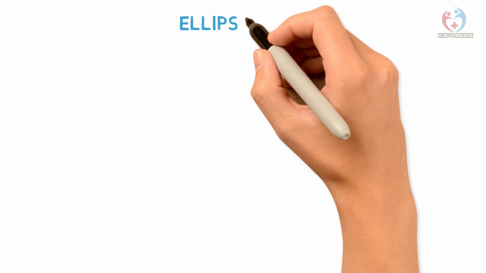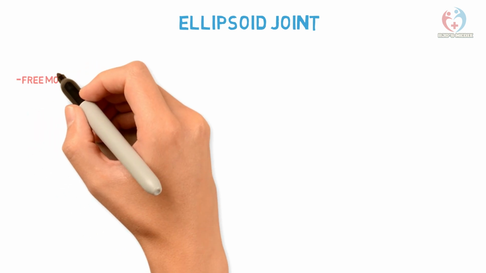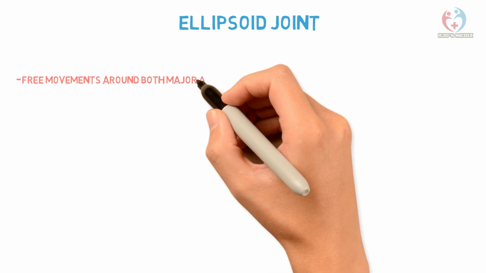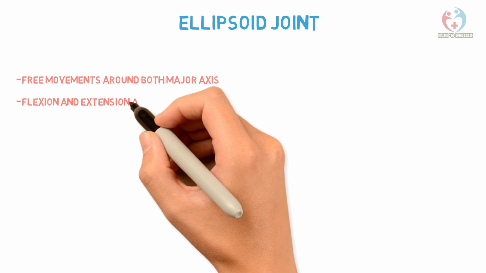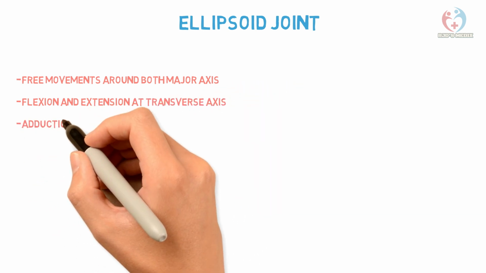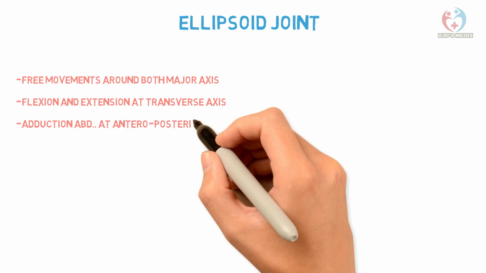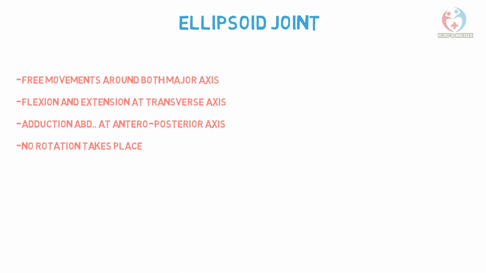Now comes the ellipsoid variety of synovial joint. In the ellipsoid variety, the articular surface has convex and concave reciprocally fitting surfaces. Free movements take place around both major axes, that is, flexion and extension in the transverse axis, and abduction and adduction at the anteroposterior axis of the bone.